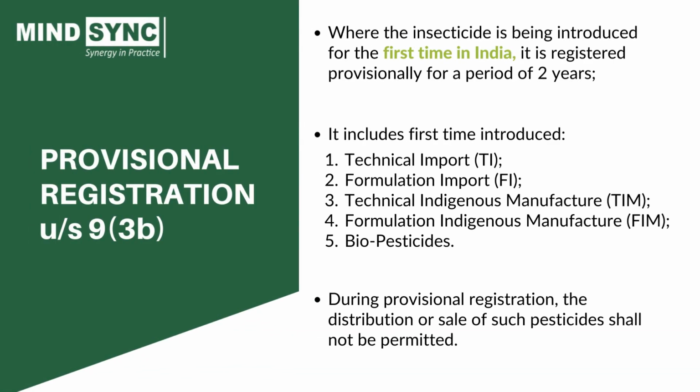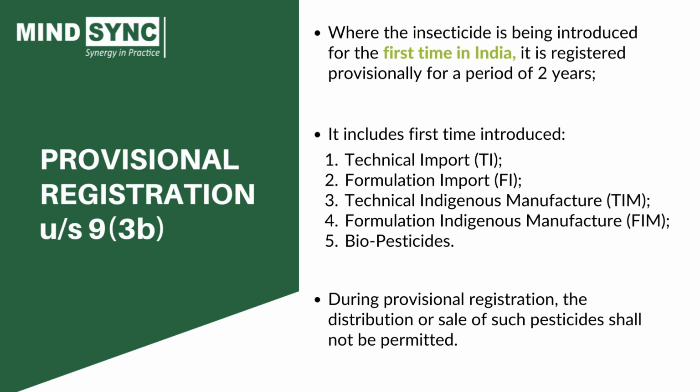Next is the provisional registration, under Section 9 subsection 3b. Where the insecticide is being introduced for the first time in India, it is registered provisionally for a period of 2 years. It is mainly for generation of scientific data, which is necessary to generate under domestic conditions, for example, bioefficacy and shelf life.